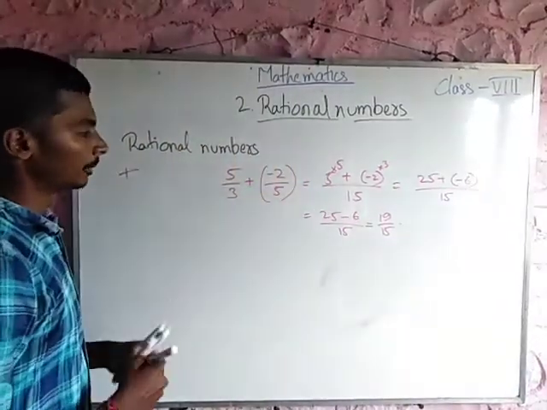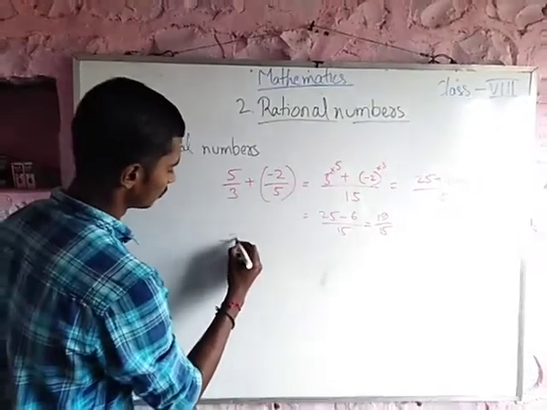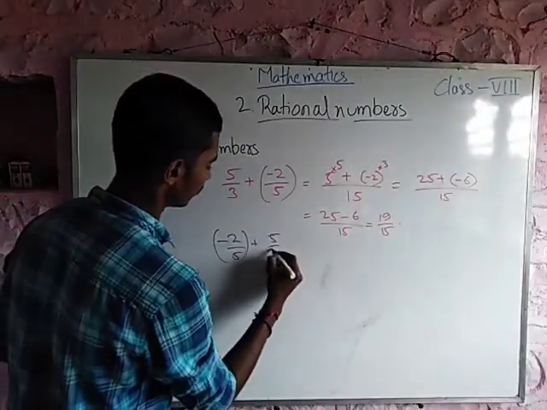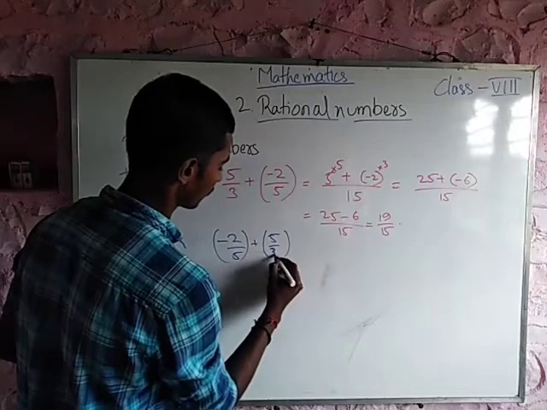Okay, this is a plus b. Now b plus a. Minus 2 by 5 is b, plus 5 by 3 is a.